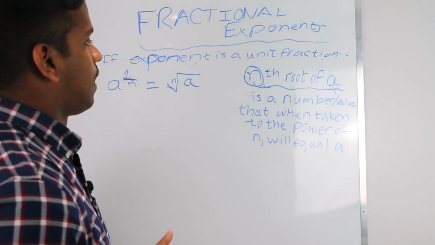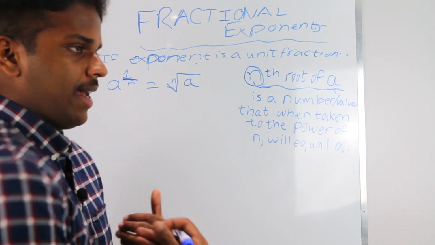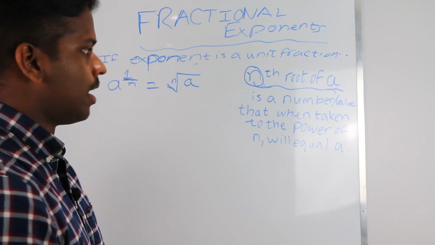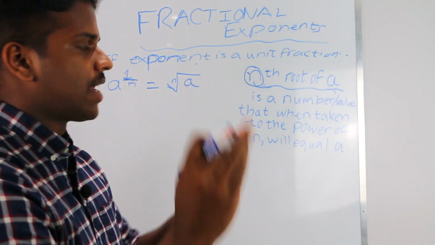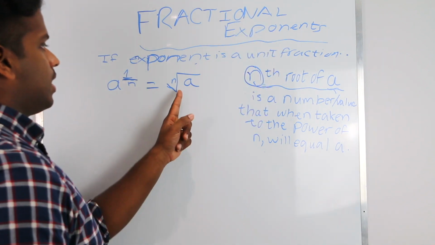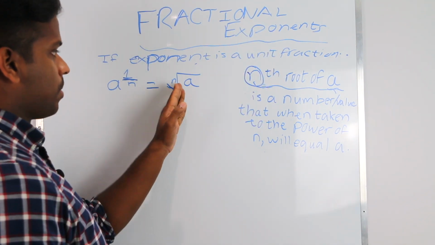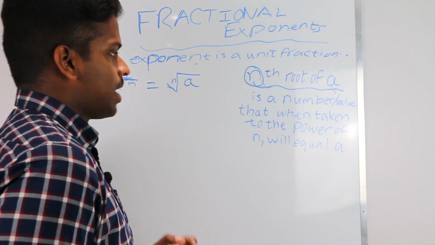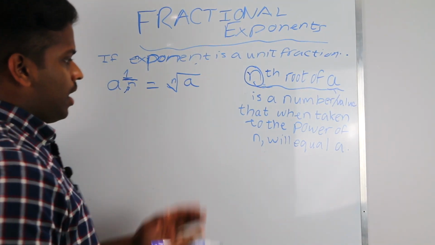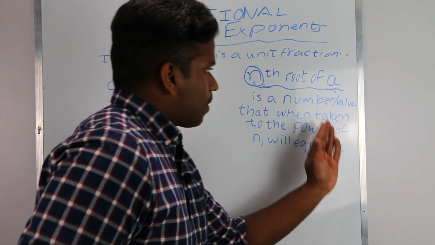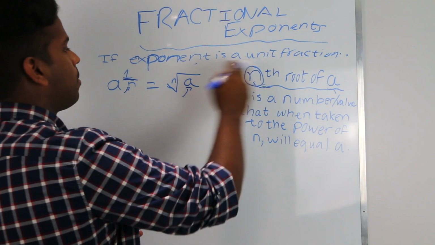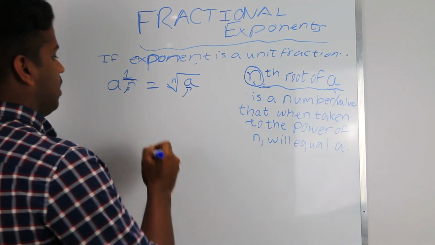I have written my explanation of the root: the nth root of A is a number or value that, when taken to the power of n, equals A. The n corresponds to the n under the fraction. Basically the variables correspond with what's in here. I'll show you an example.